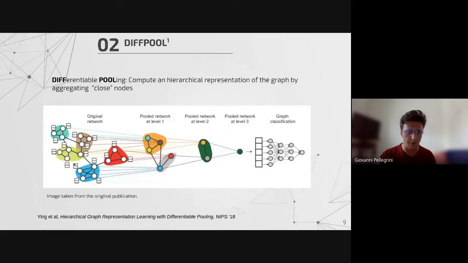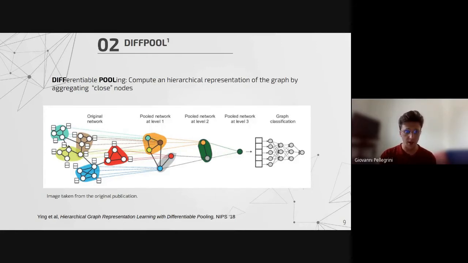Here we have our entire graph. Instead of computing simply the embedding for each node, we compute an embedding for a cluster of nodes. As you can see, we have these three nodes that are combined together to obtain one single node representation of the cluster.